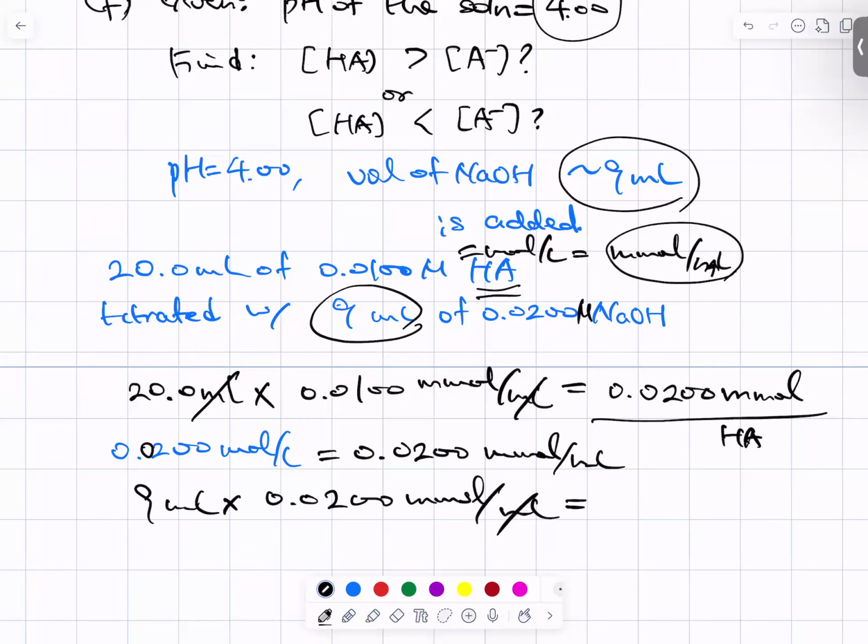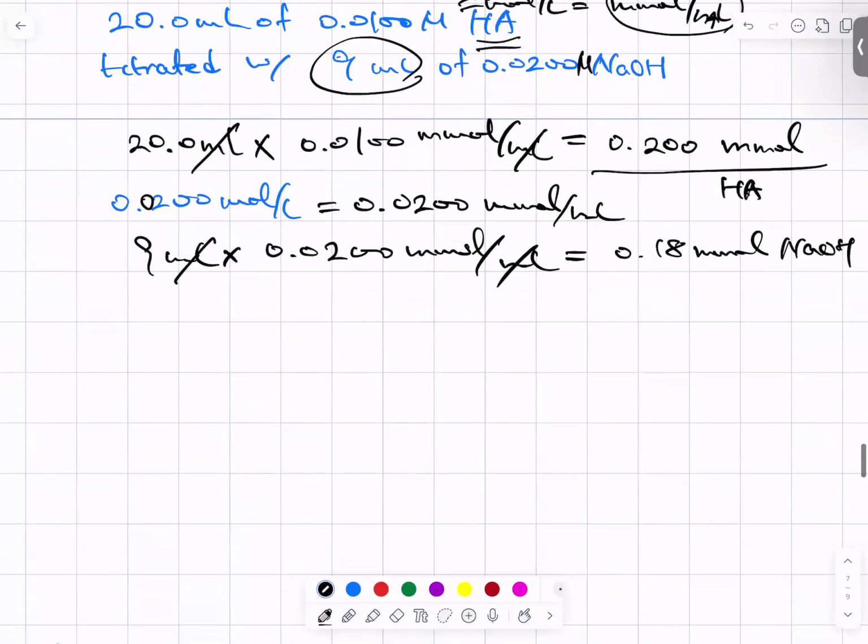Milliliter cancels out. It is 0.18 millimole. Oh, I have a miscalculation. Sodium hydroxide was added. This calculation right there, this is not 0.02. This is 0.20. Okay, right there, 0.20. All right.